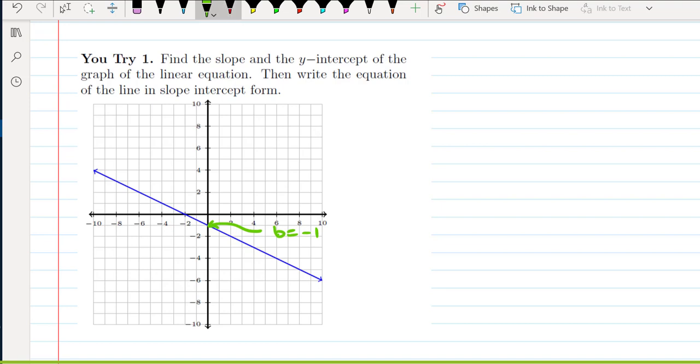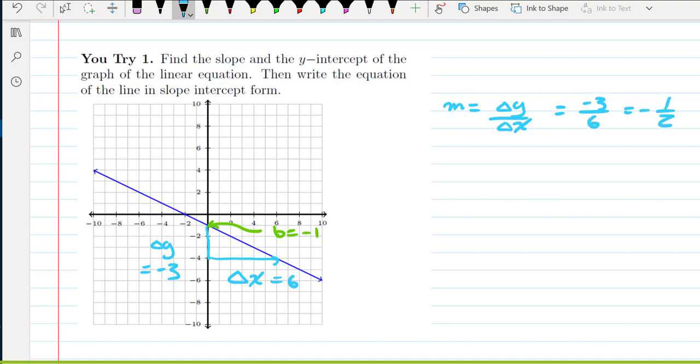And then we can count our slope off. And if I go down 2 and then over, or down 3 and over this way, that gives me my delta y is -3, and my delta x would be +6. So then my slope would be delta y over delta x, which would be -3 over 6, which reduces to -1/2.